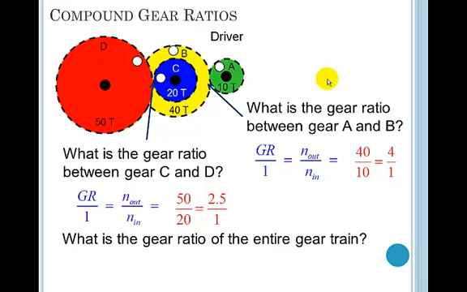So the gear ratio of the entire train is the gear ratio between A and B multiplied by the gear ratio between C and D. So what does that look like? 4 times 2.5 is 10. The overall gear ratio of this is 10 to 1. The ideal mechanical advantage of this gear train is 10.